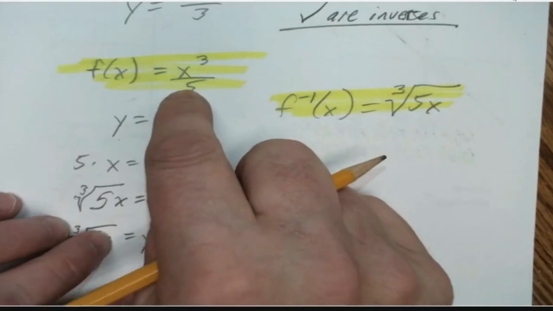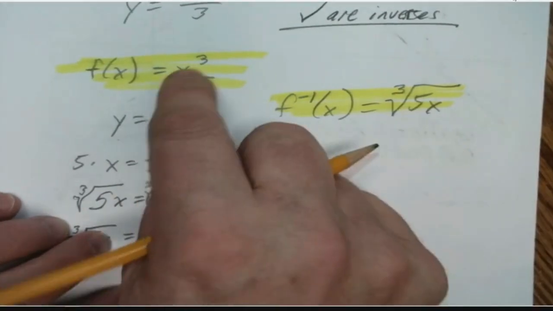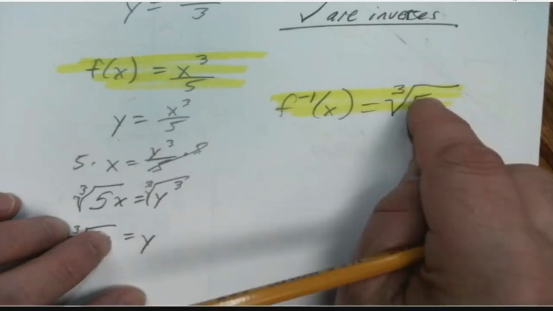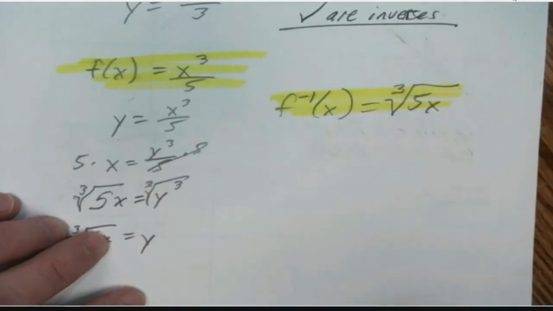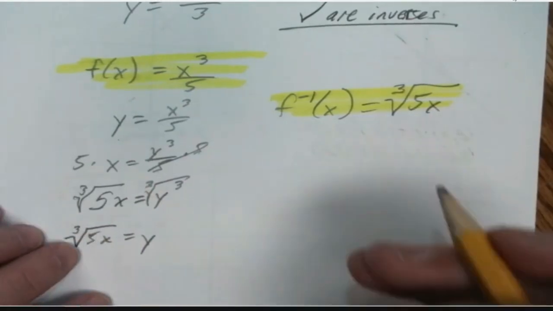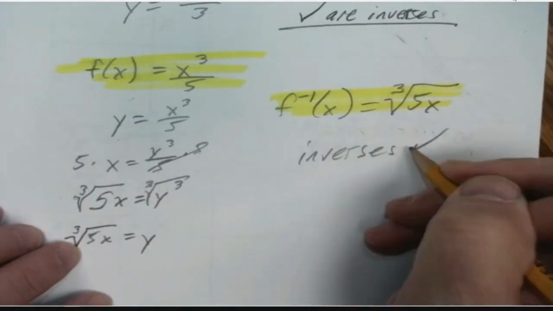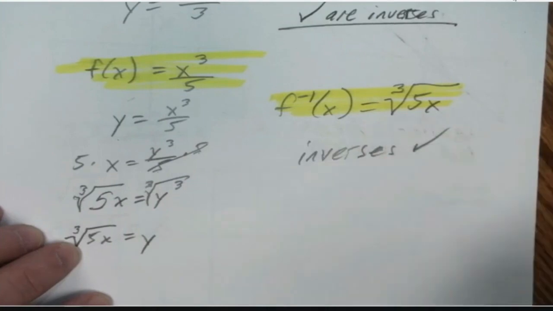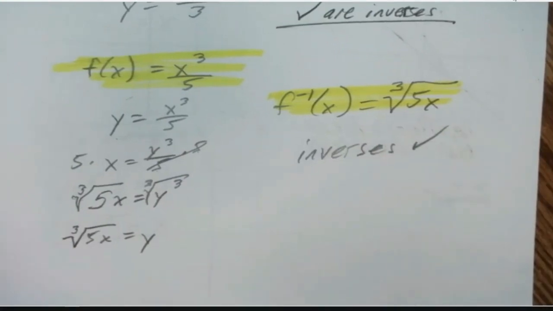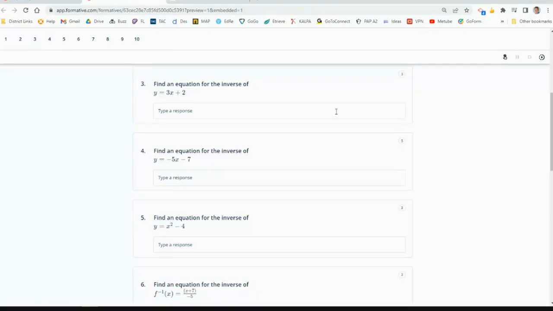Well, divide by 5 and multiply by 5 means it's just x to the third. So the cube root of x to the third is just x. So it equals x both ways. These are inverses. Check.